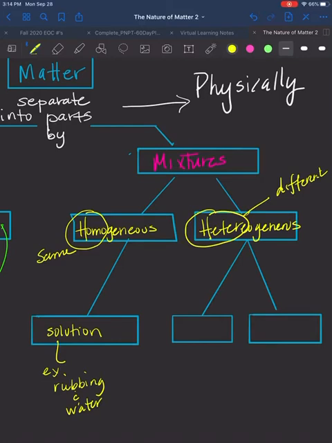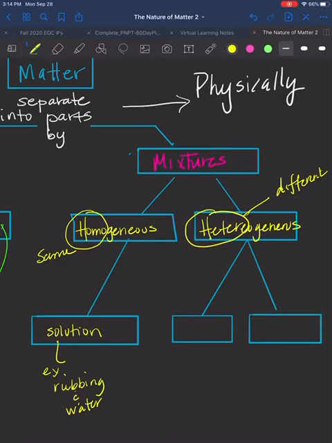The rubbing alcohol does not chemically combine or attach itself to water molecules. It disperses itself evenly, and even though I cannot see the rubbing alcohol separate from the water, I could take advantage of the boiling points of these two liquids, and I could separate the water from the rubbing alcohol if I chose.